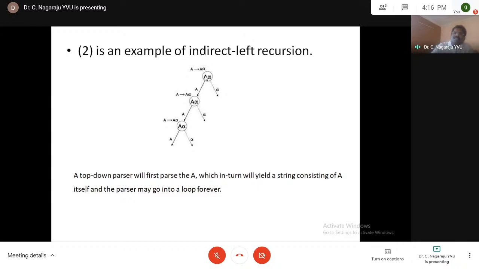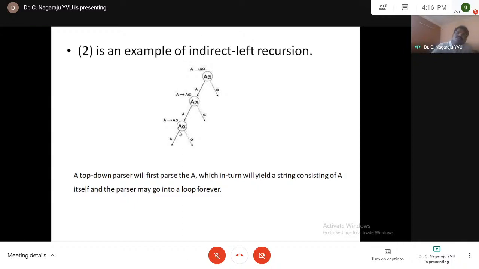Then the A is replaced with another A alpha, and again it comes to this A alpha, and again this A is replaced with alpha and capital A. This can fall into an infinite loop. So this is called left recursive.